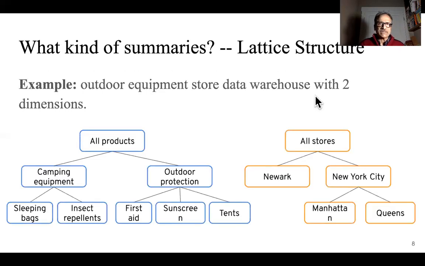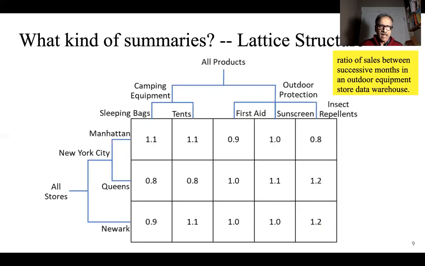Okay, as a toy example, let's consider this outdoor equipment store with these 2 hierarchies on product dimension and store location dimension. So taking their cross product gives rise to a lattice, which I have rendered, rather than as a conventional lattice diagram, as a two-dimensional grid.